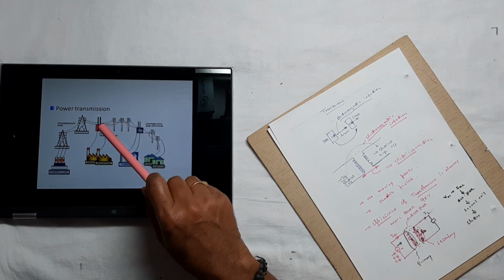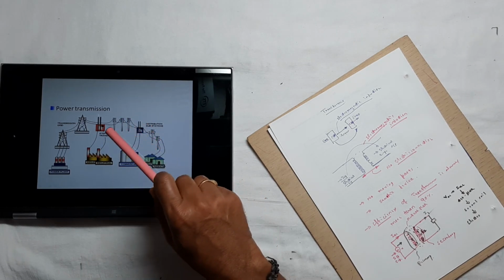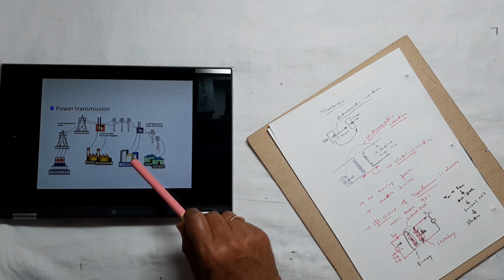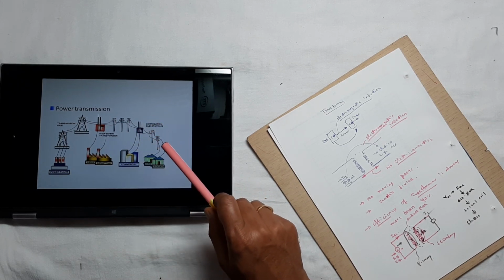For a larger load, you directly tap to the industries. Then once again you step down the voltage and use it for commercial purposes. Once again in the distribution system, we supply the residential areas.